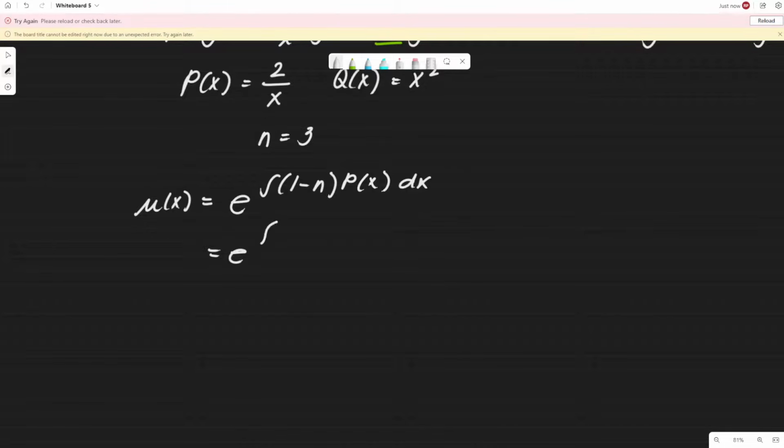So we have e raised to the integral of 1 minus 3, that is negative 2, times 2 is negative 4 over x dx. So we'll have e raised to ln... Let's just do it fully, I won't shortcut. I was about to shortcut. Wait a moment.